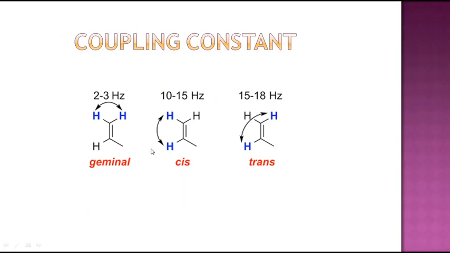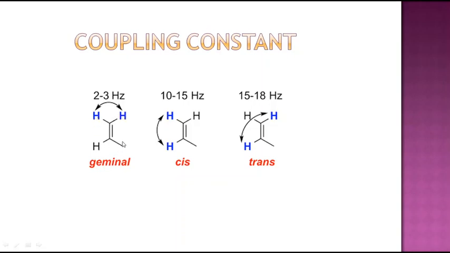For example, here you can see that for geminal coupling, the coupling constant value will be around 2 to 3. Geminal coupling means two hydrogens present on the same carbon can also couple if they are present in two different environments. If here it is an R group, due to stereochemistry these hydrogens are not the same, even though they are on the same carbon, because they are electronically different.